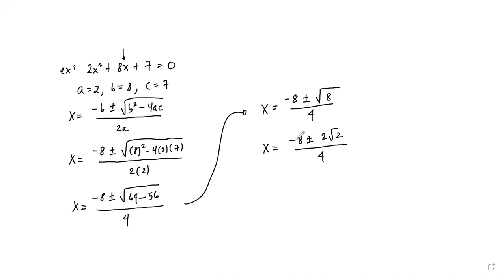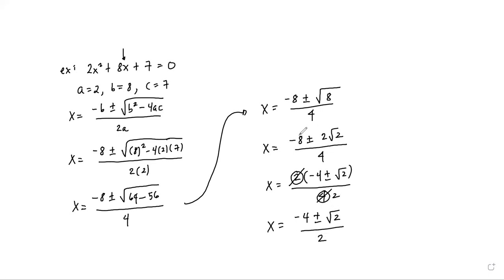And then we can factor out 2 in the numerator. So in here, we can write this as 2 times negative 4 plus minus the square root of 2, all over 4. So 2 will cancel out, and then the 4 here will become just 2. So we have x is equal to negative 4 plus minus the square root of 2 all over 2.